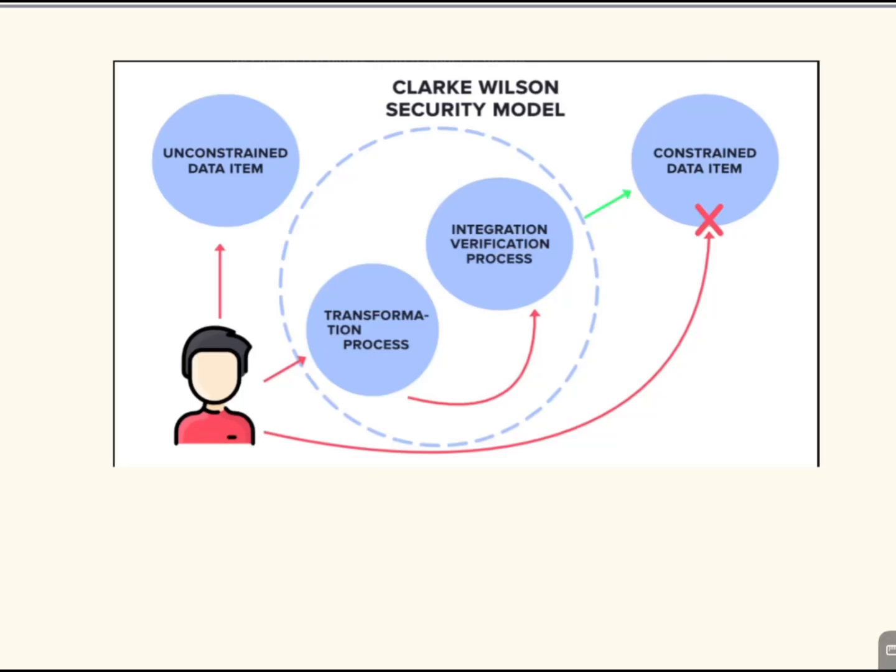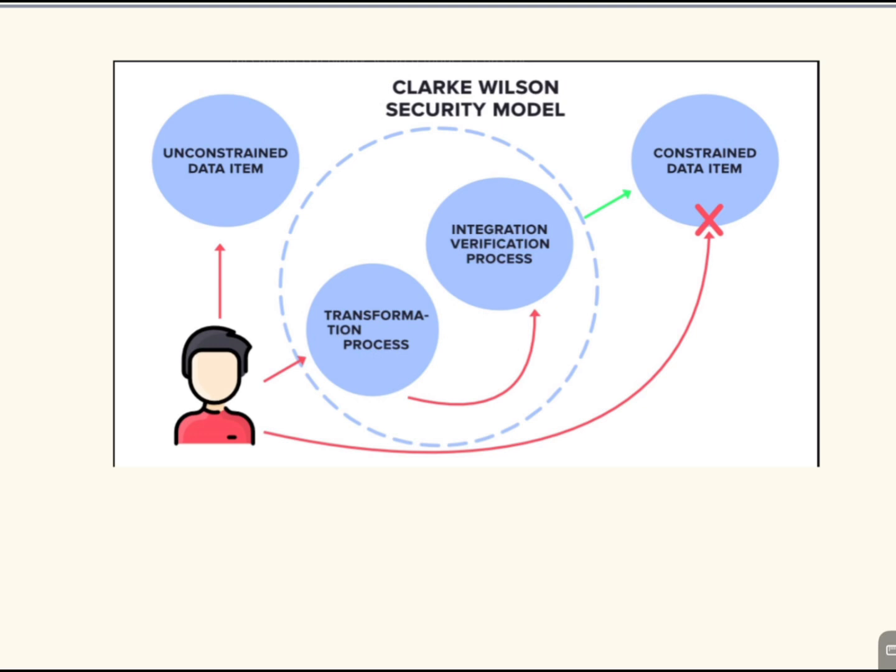In this session, we are going to discuss another security model, which is the Clark-Wilson security model. The Clark-Wilson security model is an integrity-based security model designed to prevent unauthorized modification of data by enforcing well-defined control mechanisms.